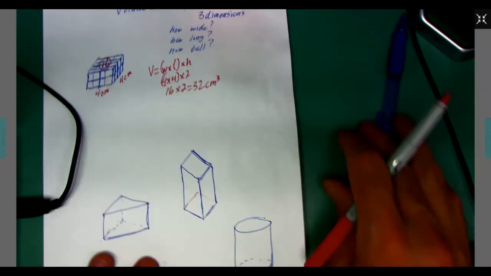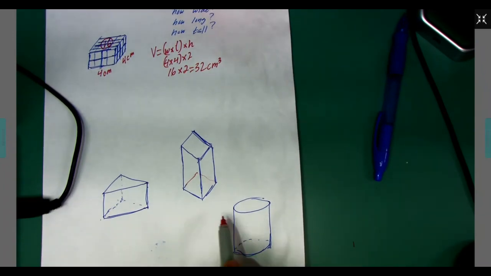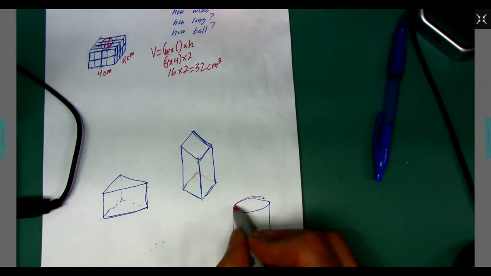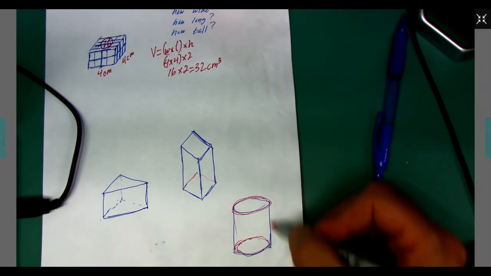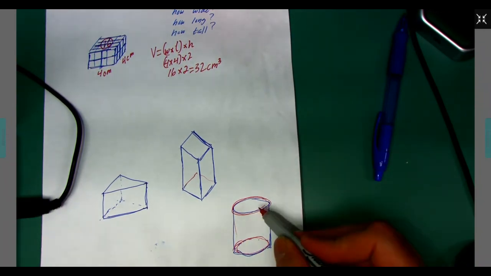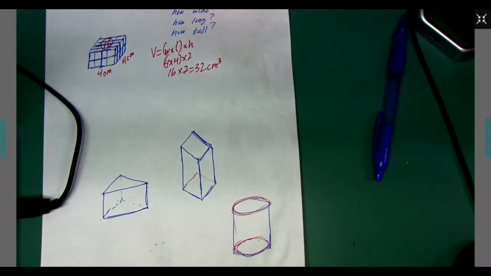It even works with something like this. What's the shape of this? It is called a cylinder. And if this circle on top is the same as this circle on the bottom, it would have straight sides. You can get the area of that circle and multiply by how tall it is, and you get the volume of a cylinder.